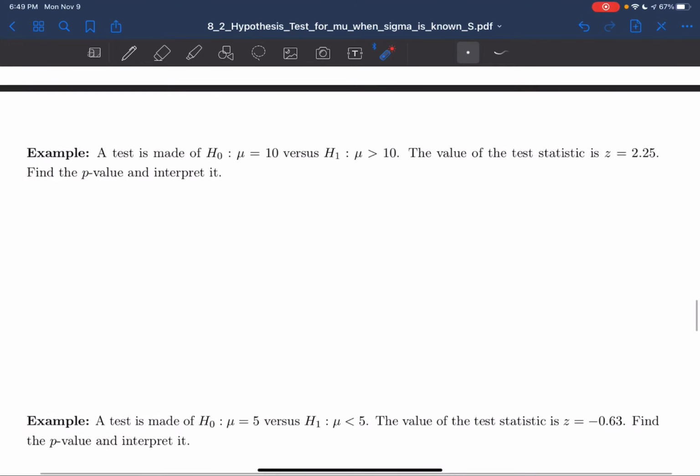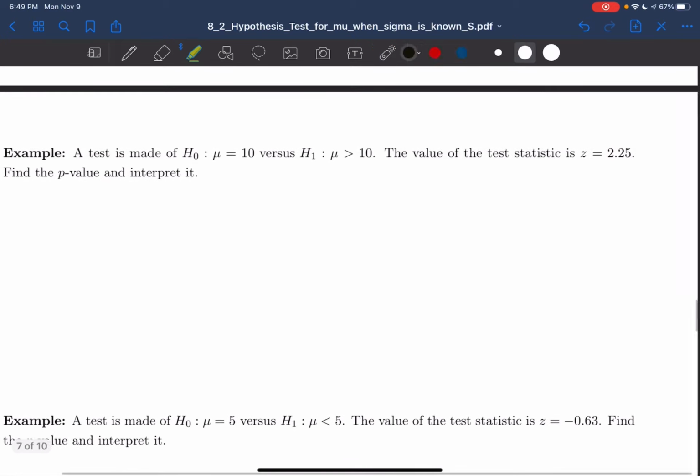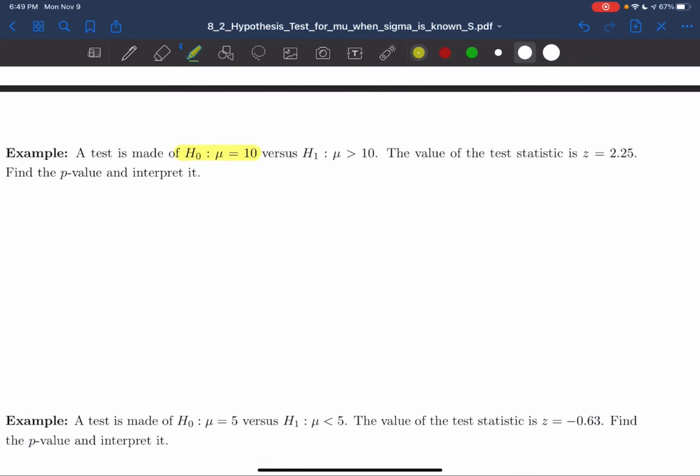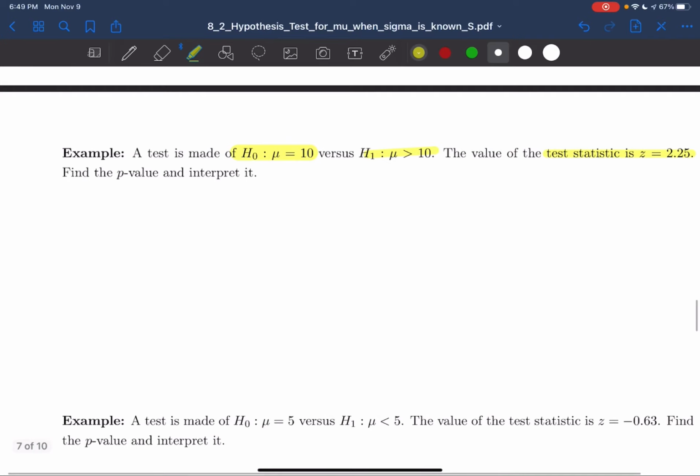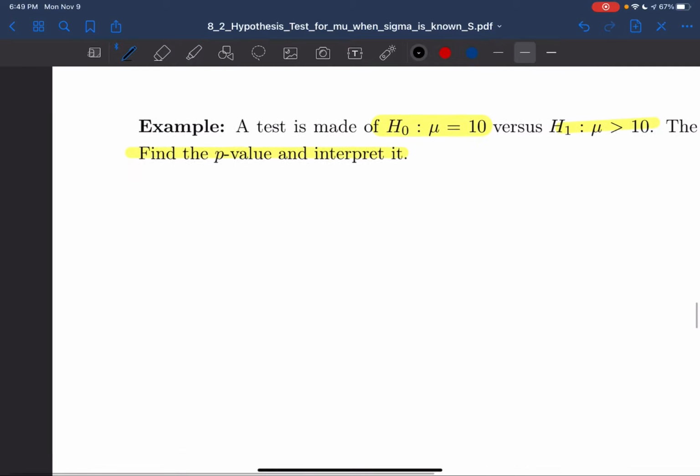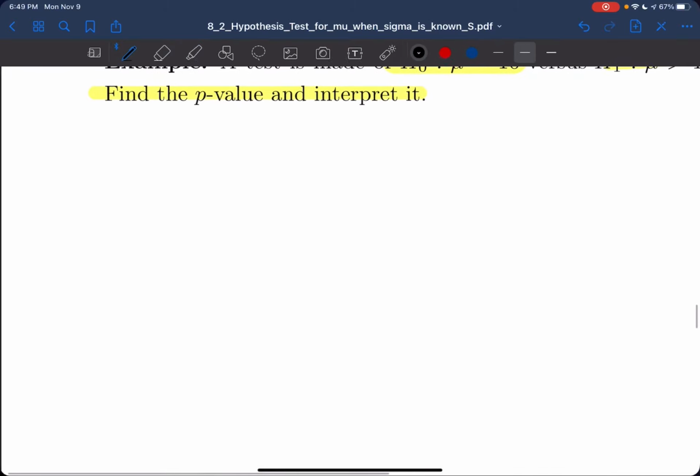Okay, example 1. A test is made when our null hypothesis is mu is equal to 10 versus mu is greater than 10. The value of the test statistic z is 2.25. We want to find the p-value and interpret it. So here, I'm going to write down the test.